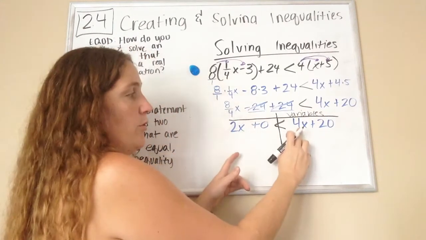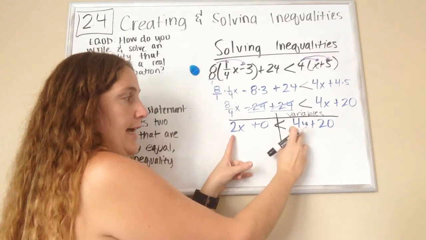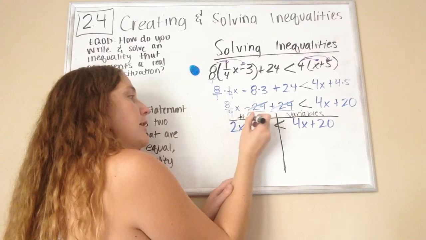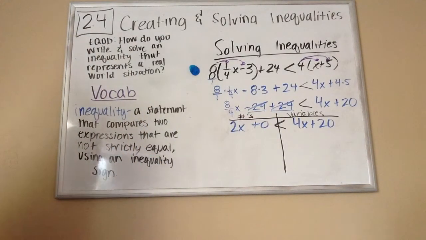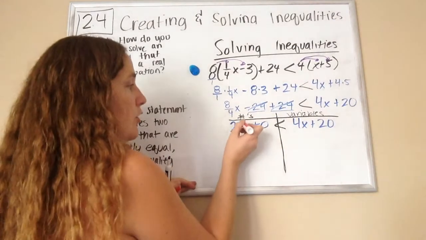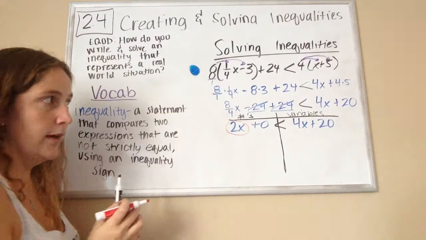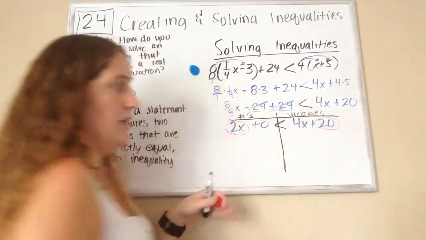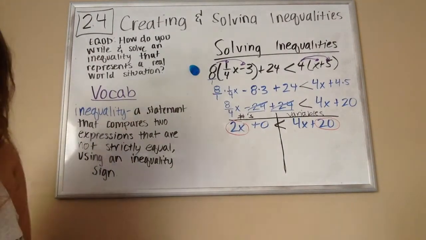So we're looking at a 4 versus a 2, so we pick the side that has the highest coefficient, which is a 4, which means the numbers, or the constants, need to be over on the left side. So right now the 2x is on the wrong side because it's not a number. And the 20 is on the wrong side because it's not attached to any variable, it's a constant. So those are the two we're going to have to move.